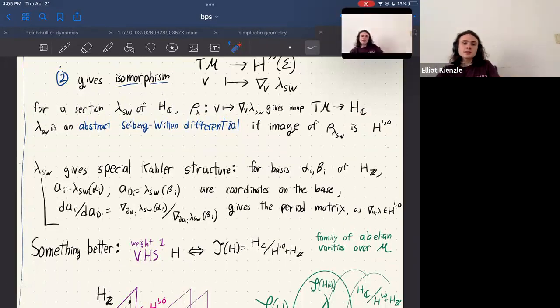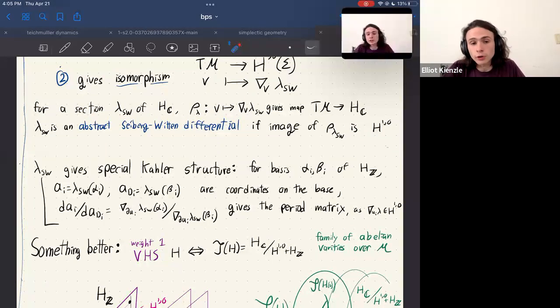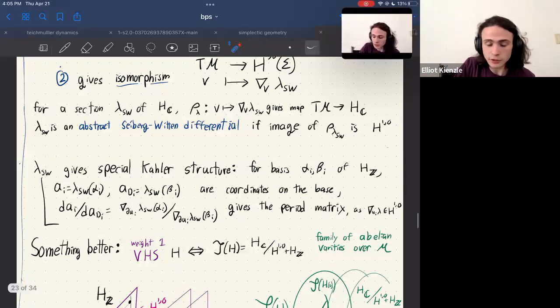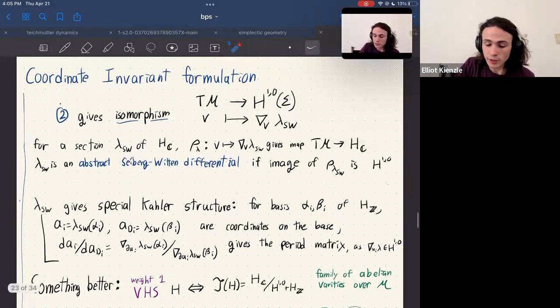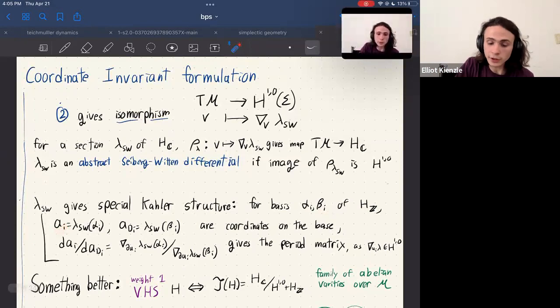So this isomorphism is really at the heart of all of the structures. Like the Seiberg-Witten differential, in the original paper, looks kind of like a computational trick, but really it plays a very essential role in the structure. So for example, it will give you your special Kähler structure by just taking some basis of homology and doing the same techniques we used to get coordinates before, just looking at the Seiberg-Witten form acting on these things abstractly.